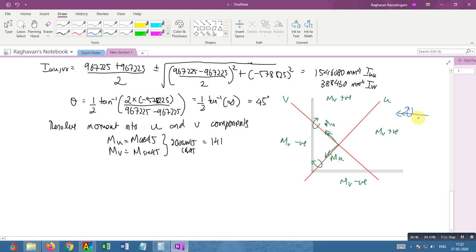Please don't stop it like this. If you stop it like this, you will get confused whether the parts below are negative or whether the parts above are negative. You don't stop it with a half arrow mark. Make the full thing complete.